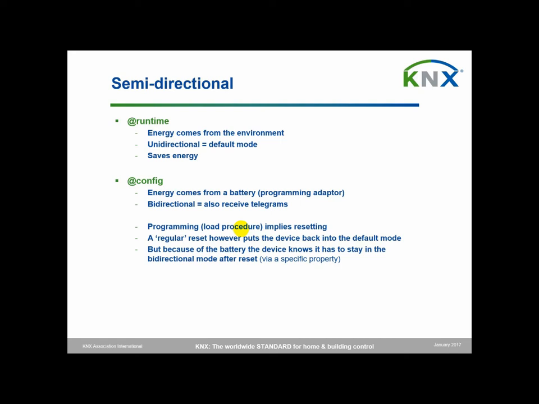At configuration time, a battery is required, which is also called a programming adapter, by the way. This battery is there to make the device bidirectional, so that it can also receive telegrams.